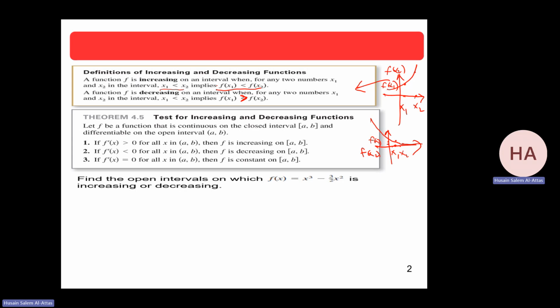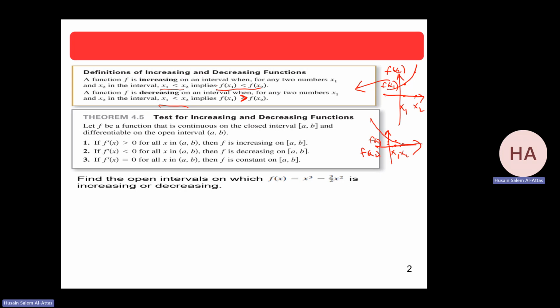Or if x1 less than x2, then f of x1 greater than f of x2. There's a change of sign between the x values and the y values. But if there is no change, I mean, x1 less than x2 means f of x1 less than f of x2, that means increasing. This is the basic definition.